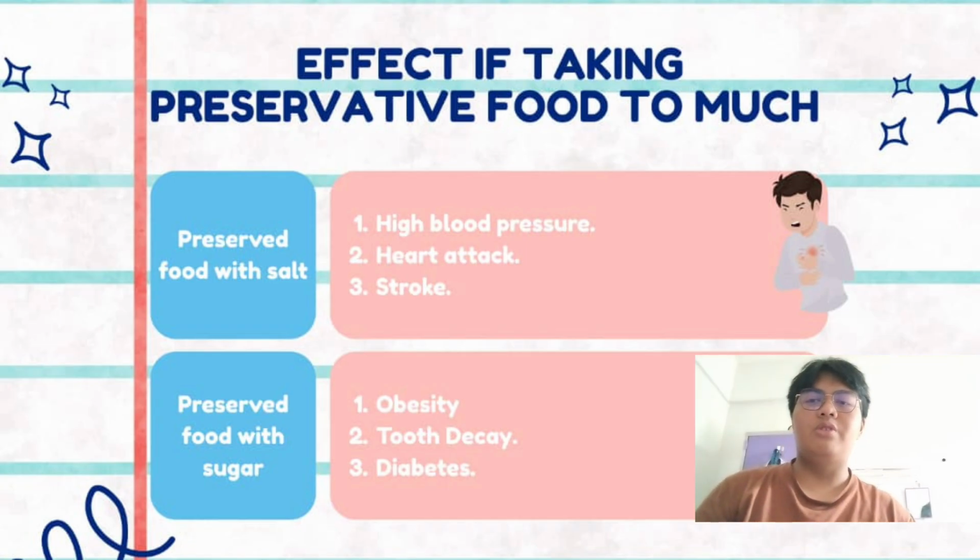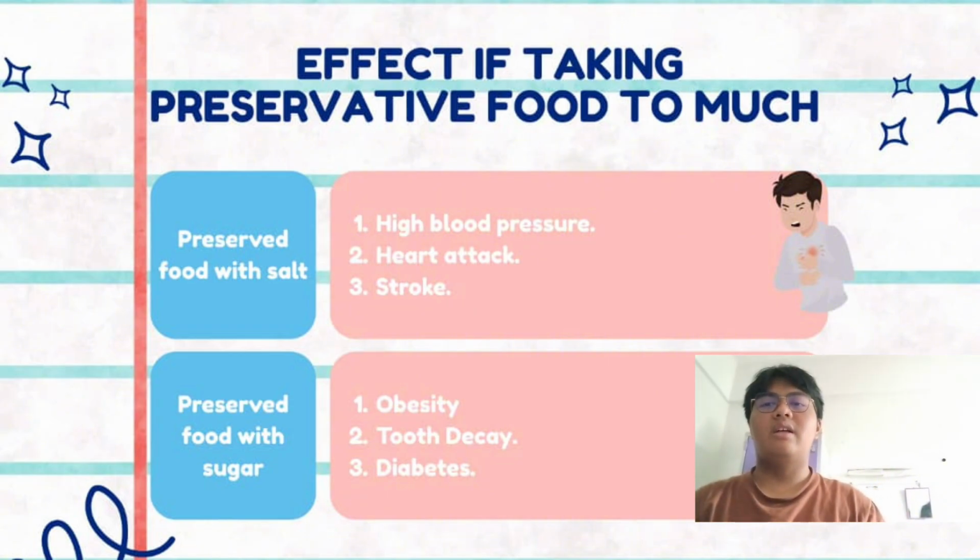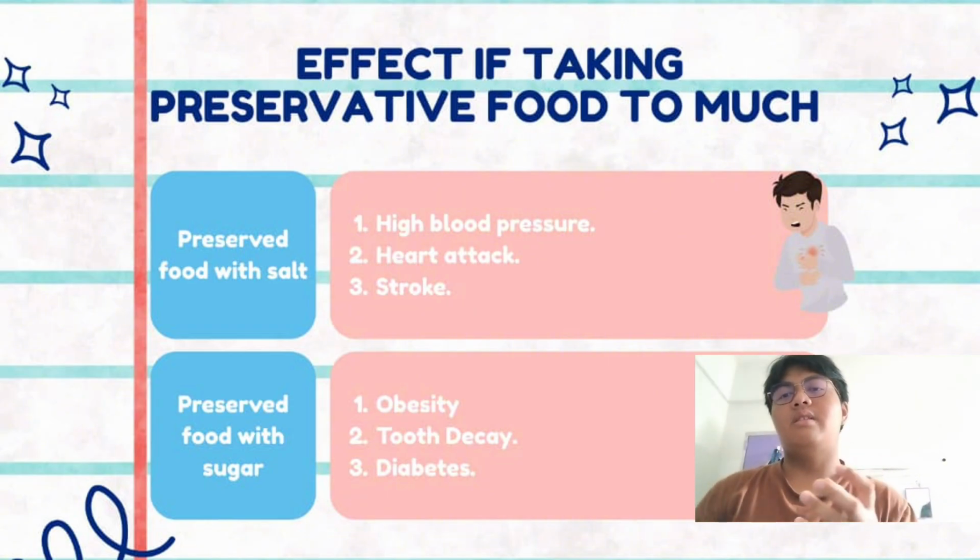For food preserved with sugar, if we take too much, like sodas, jams, and things like that that have sugar, it can cause obesity, tooth decay, and diabetes.